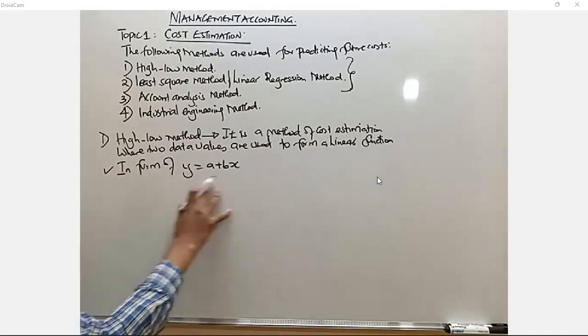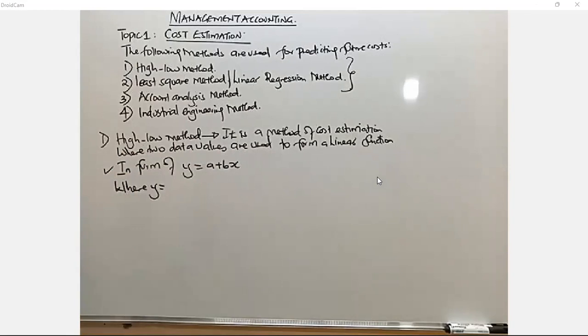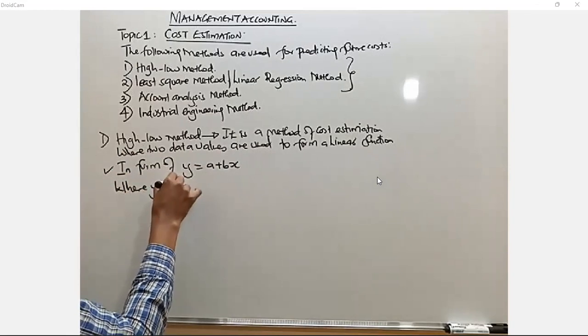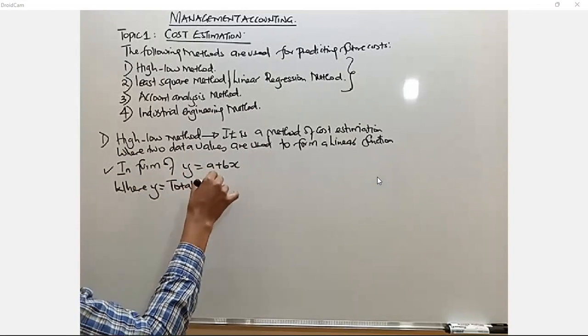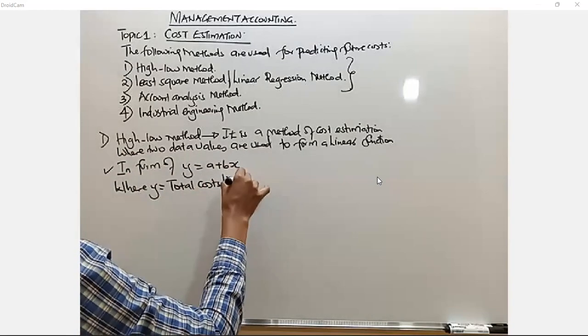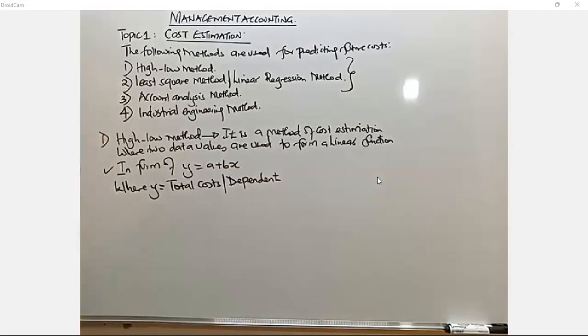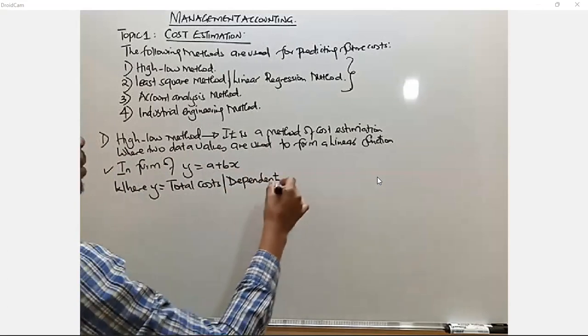So what is all this? Where y is equal to the total cost. But when we advance a bit, it will not be the total cost; it will be called the dependent variable. If we choose to do advanced management accounting, our y will be the dependent variable.